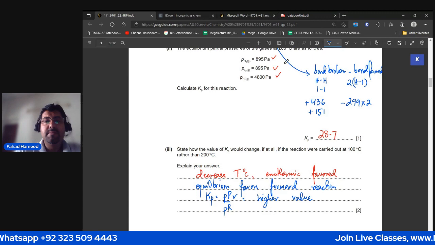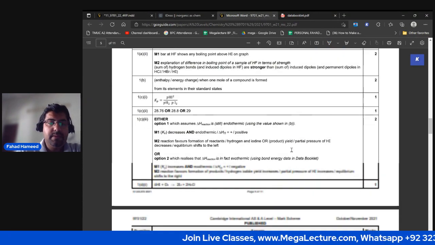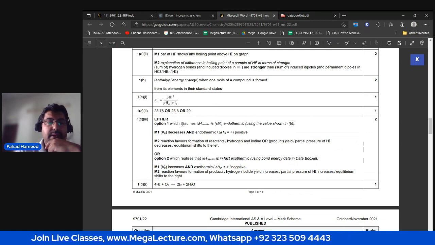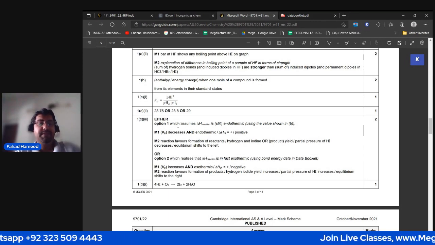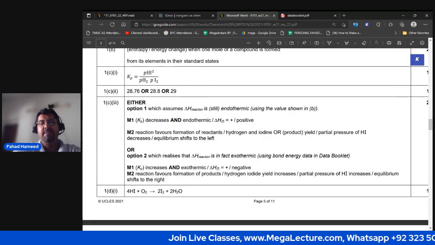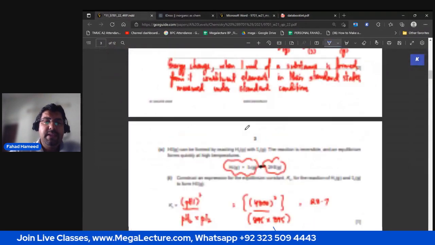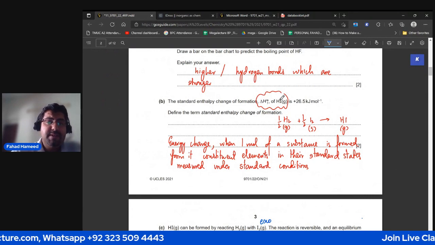So I'm just going to double check this one. Option one is, so they've given both of them. If you look at the marking scheme, they've actually given both options, because the confusion over here was that the enthalpy of formation could not have been used, because enthalpy of formation is for solid iodine.